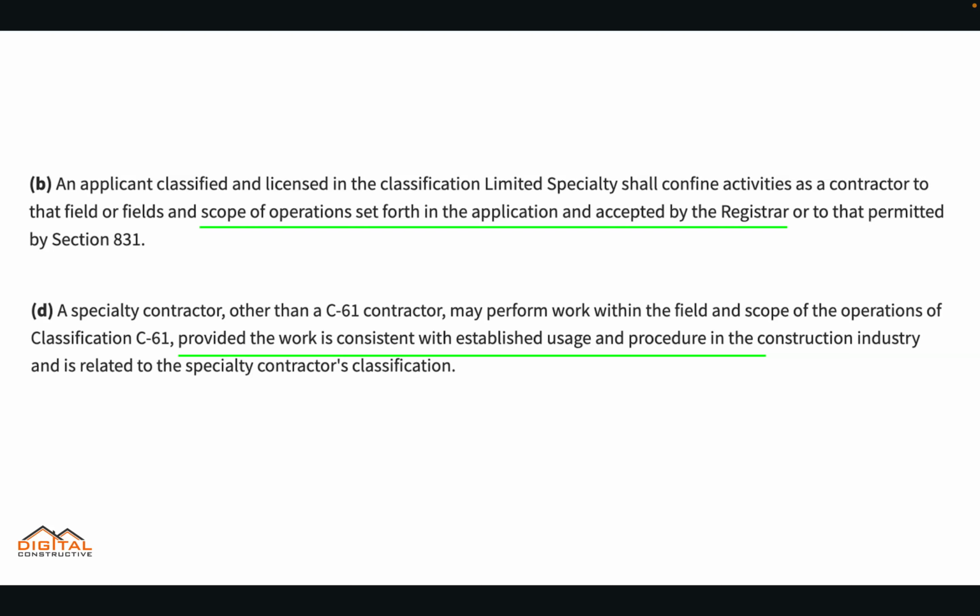A specialty contractor other than a C61 contractor may perform work within the field and scope of the operations classification C61, provided the work is consistent with established usage and procedure in the construction industry and is related to the specialty contractor's classification.